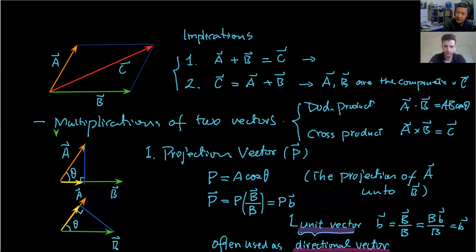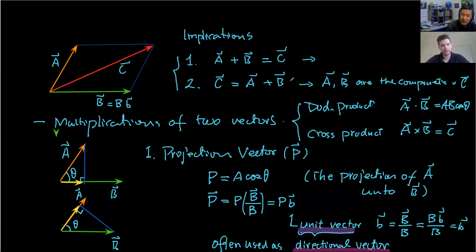In this particular case, we simply use this unit vector to describe the direction of vector B. So in general, any vector like this one can be written as its magnitude multiplied by its directional vector. It makes sense.